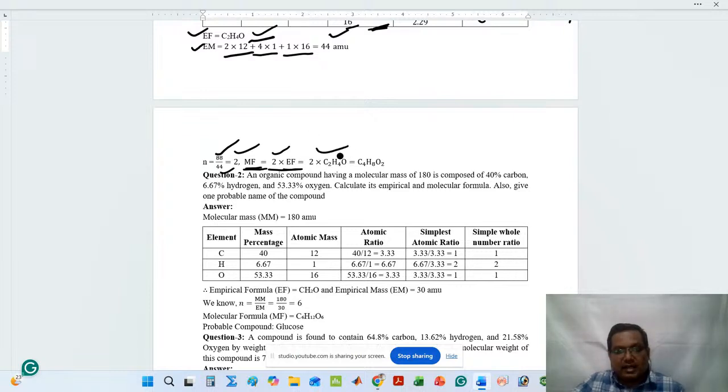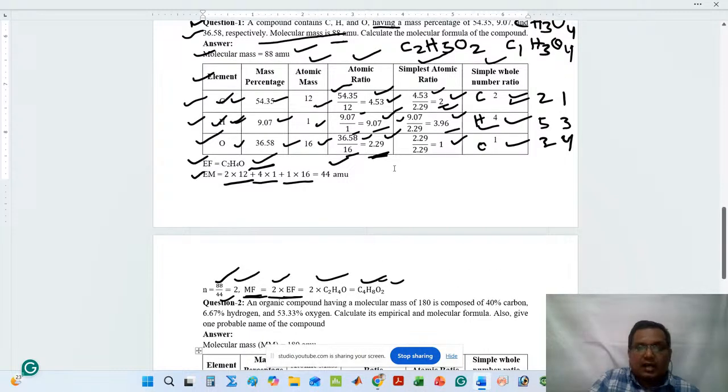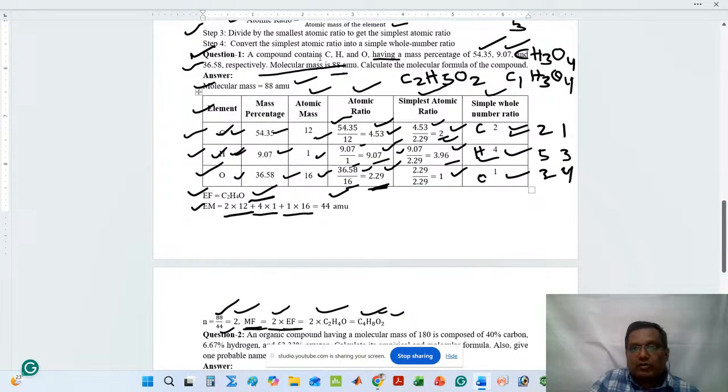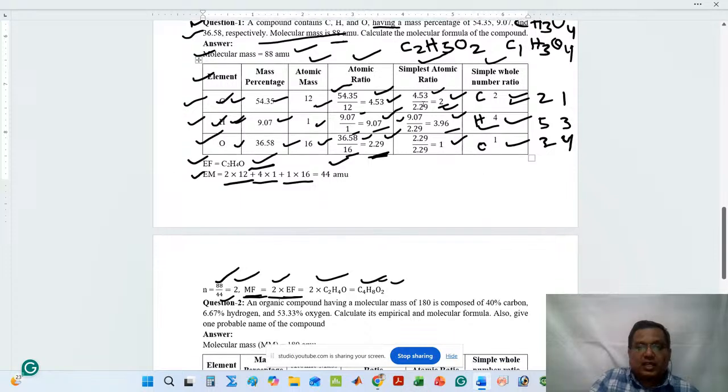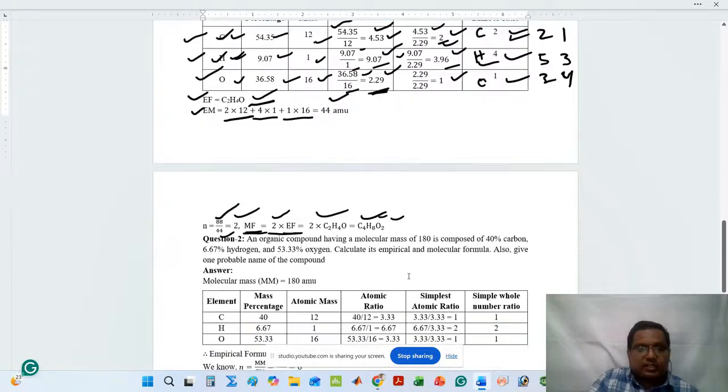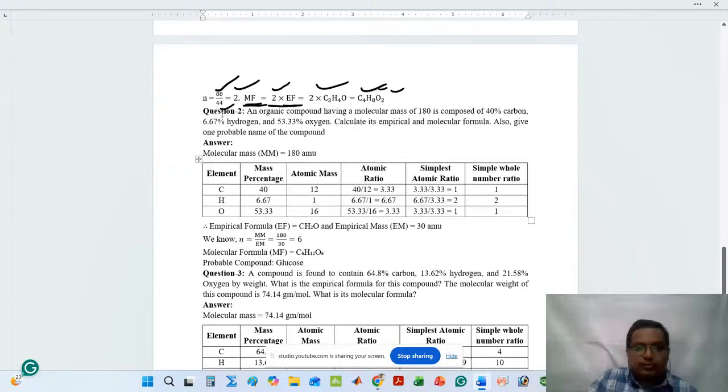Next, I can write here C4H8O2. So the molecular formula of the compound is C4H8O2. This is the answer. Our aim was to calculate the molecular formula of the compound. The answer is C4H8O2. Next, move to question number 2.